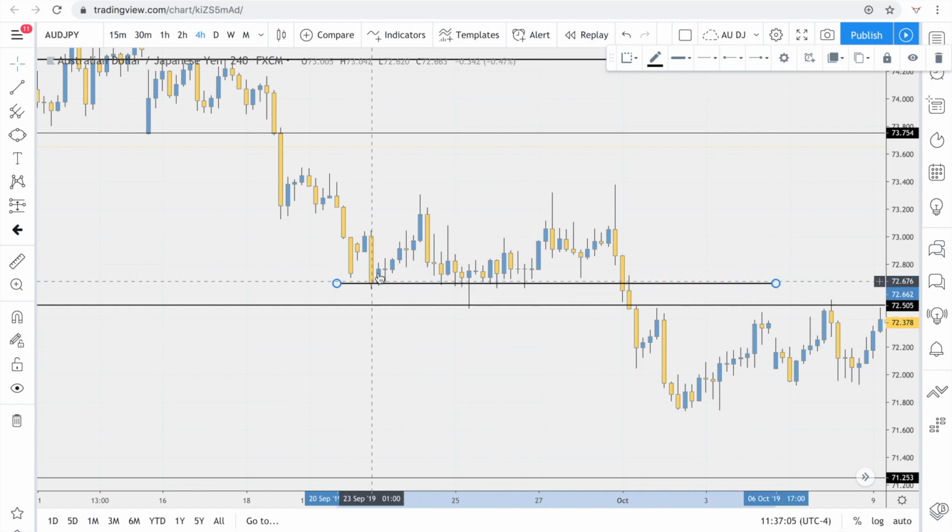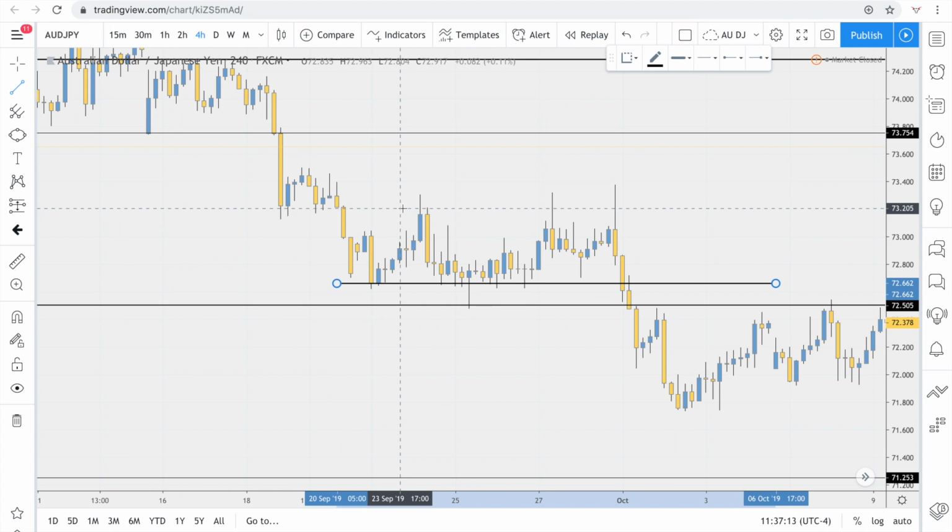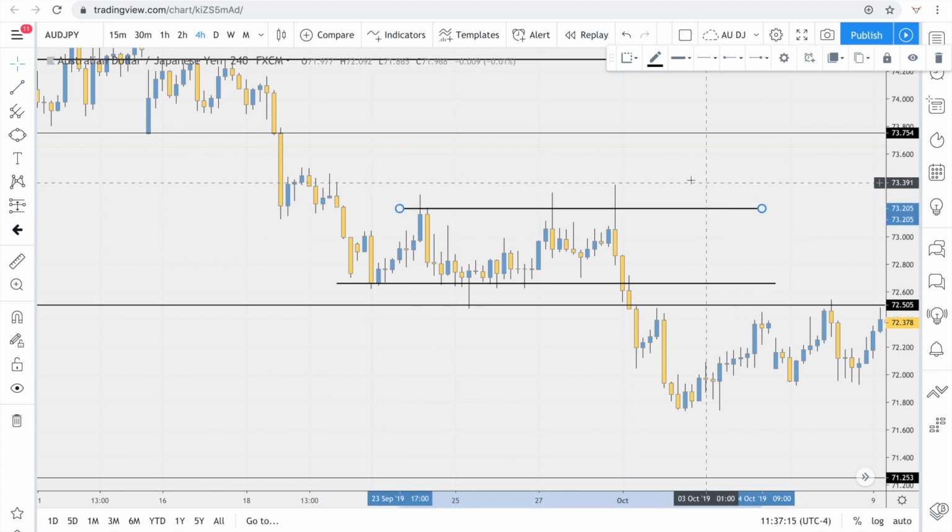Right here we see support with these wicks, but we do see a lot of resistance. And of course, overall in the daily, we're still on a bearish trend, so you want to be looking for that bearish momentum that's still left in the market, especially if you're looking at the long-term trend.